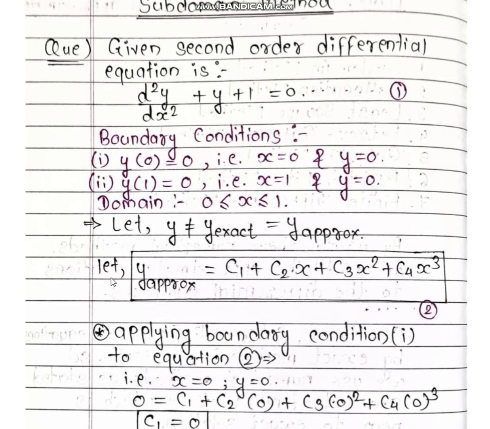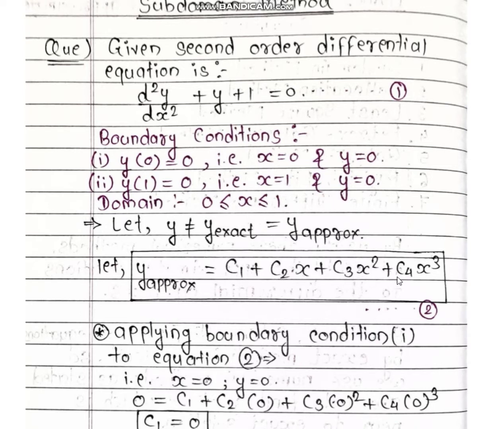So let us assume a polynomial equation to solve this differential equation. Let us assume that y approximate equals c1 plus c2x plus c3x square plus c4x cube. Here we can see that it is a second order differential equation, d2y by dx square, so we have taken four constants, c1, c2, c3 and c4.